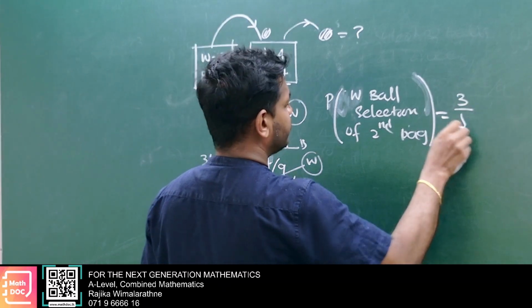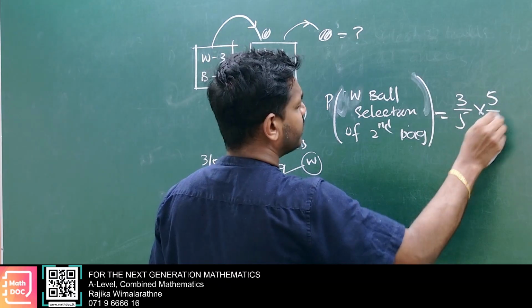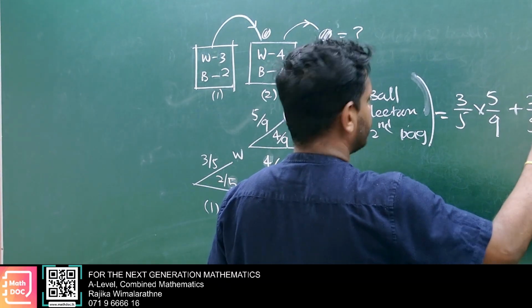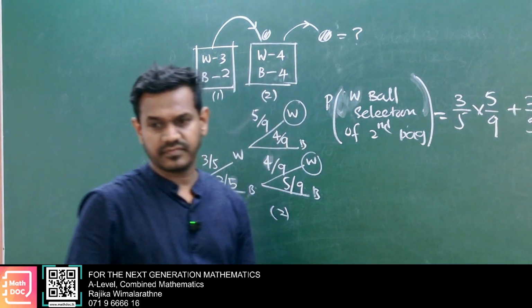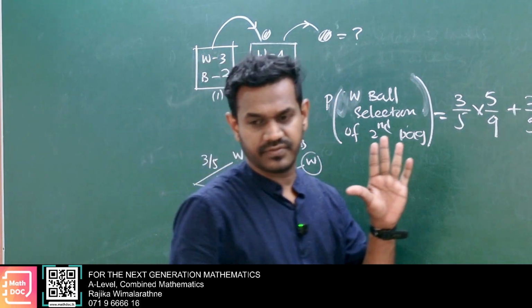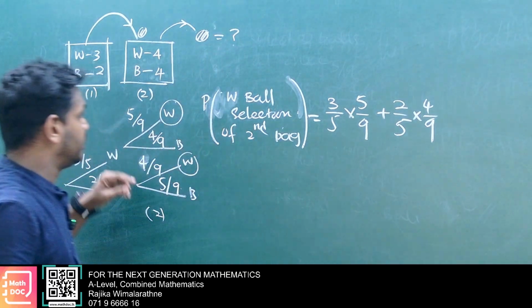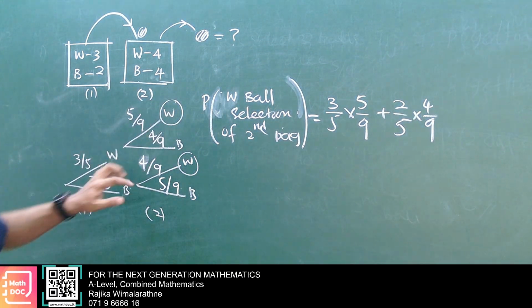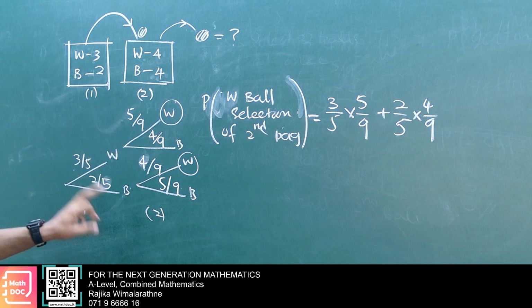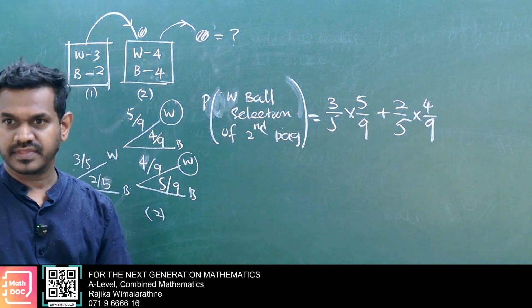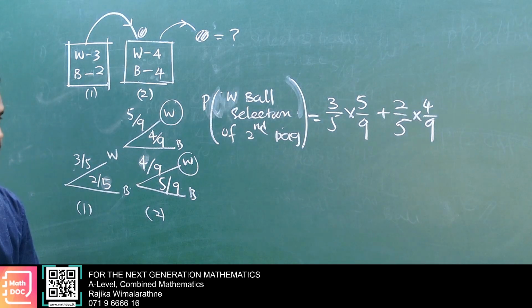Then 3 over 5 times 5 over 9 plus 2 over 5 times 4 over 9. Here white ball 2 cases: 3 over 5 times 5 over 9, 2 over 5 times 4 over 9, then add them. That is selecting one white ball, bag 2.